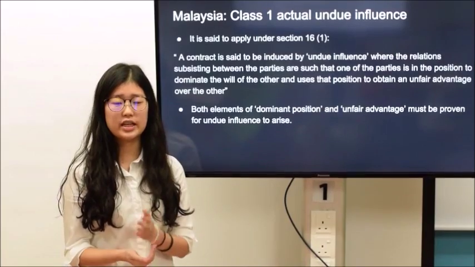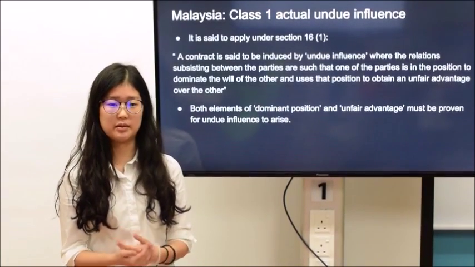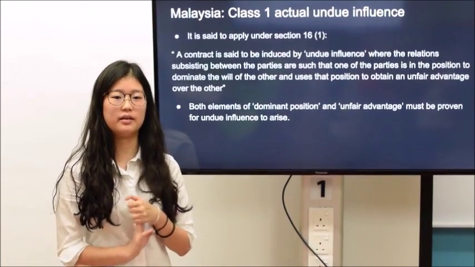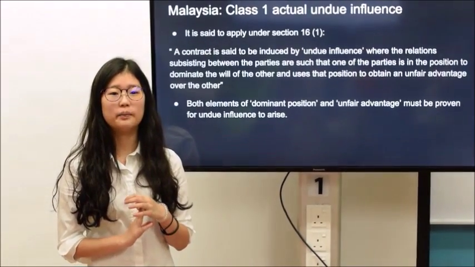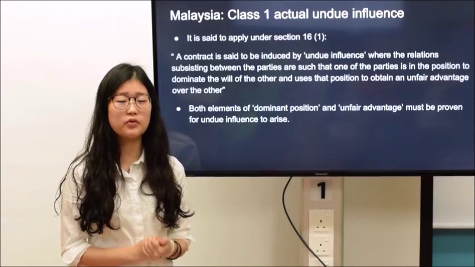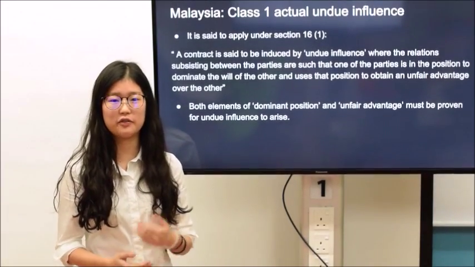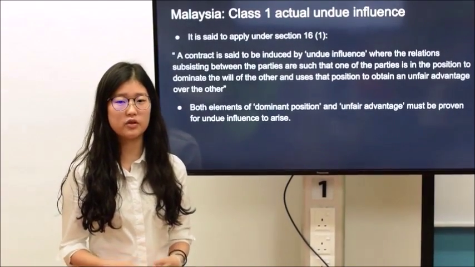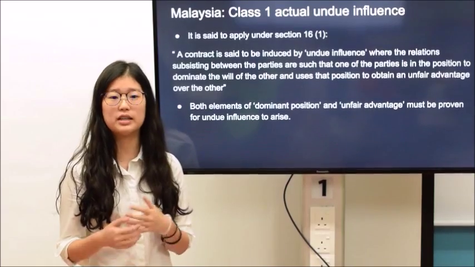In the decision in the case of Pusatura against Kanapa, it is stated that both elements of dominant position and unfair advantage must be proven for undue influence to arise in Malaysia.